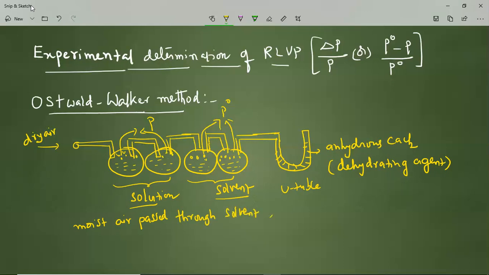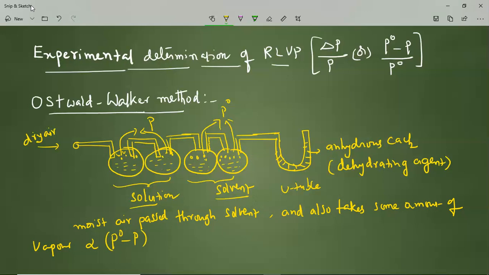It takes a further amount of water vapor which is proportional to the difference in the vapor pressure of pure solvent and solution. So pure solvent is P naught, solution is P, and it is proportional to this difference.